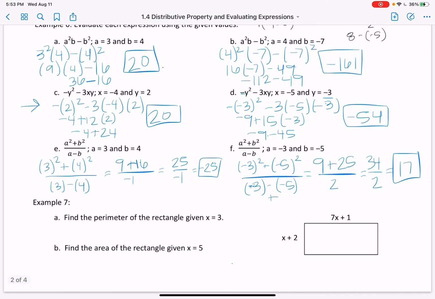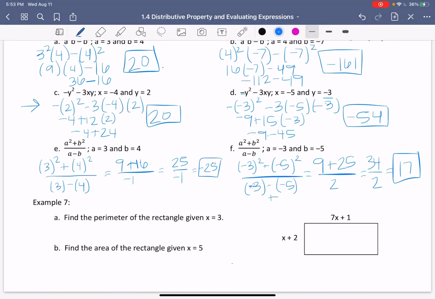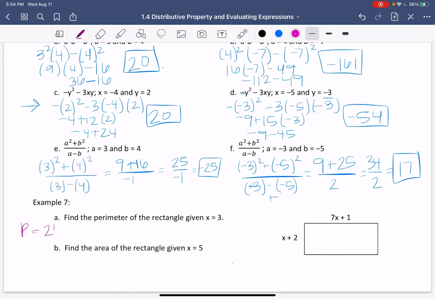All right, just 2 more. So example 7, A tells us to find the perimeter of the rectangle given x equals 3. Okay, remember that our perimeter formula is going to be 2L plus 2W. We want all of those sides added.